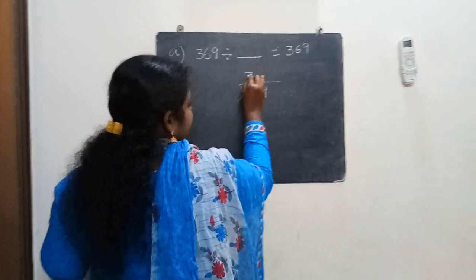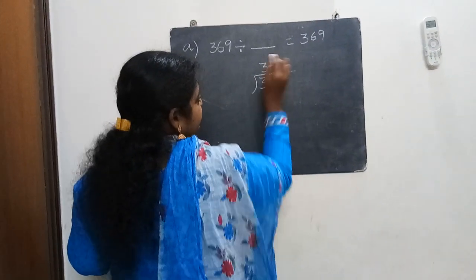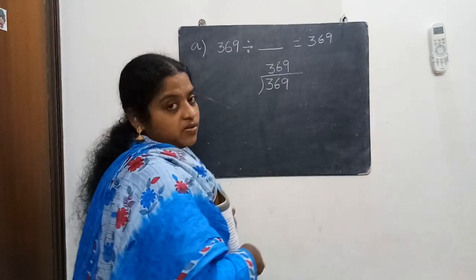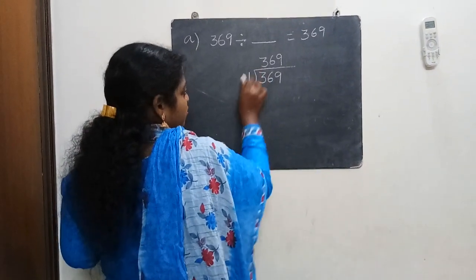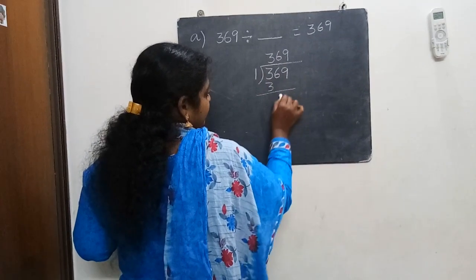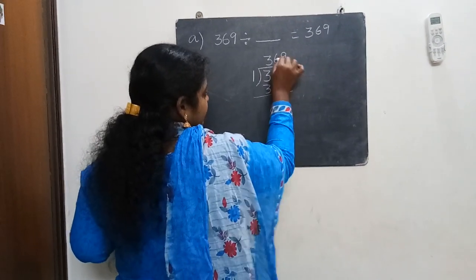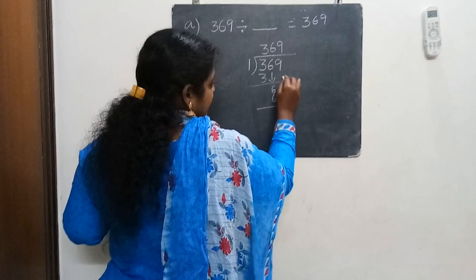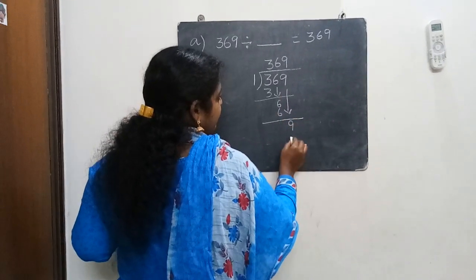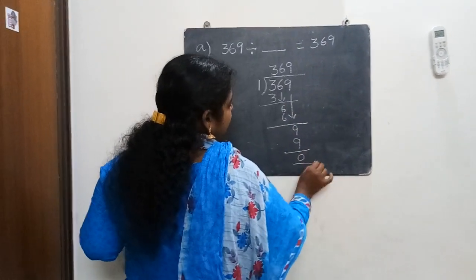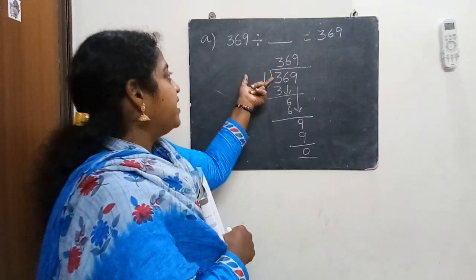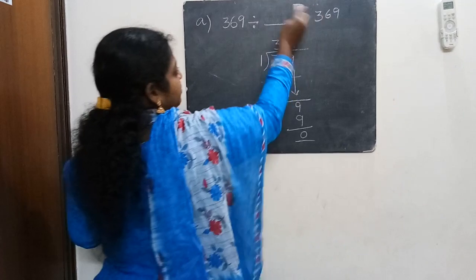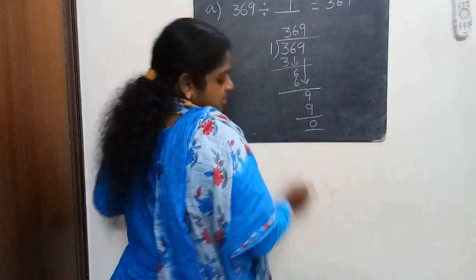When you divide with 1, 1 3s are 3, take down 6, 1 6s are 6, and the next number 9, 1 9s are 9. So when you divide with 1, the number will be the same. So what is the answer here? 1.